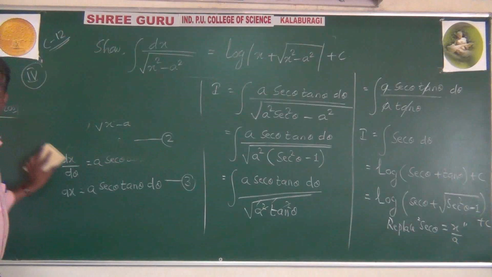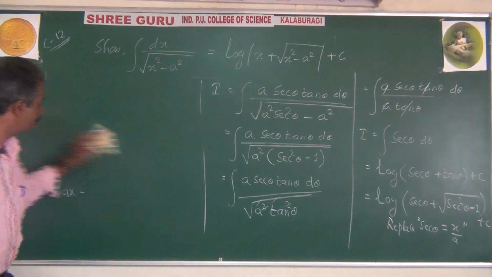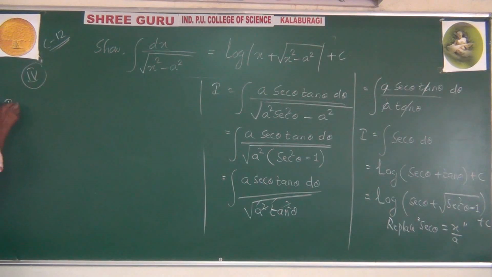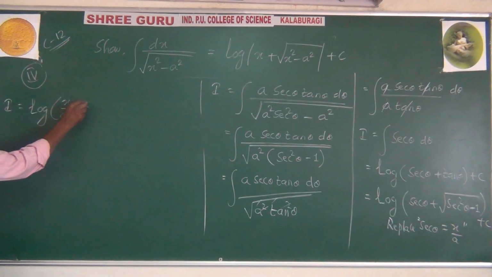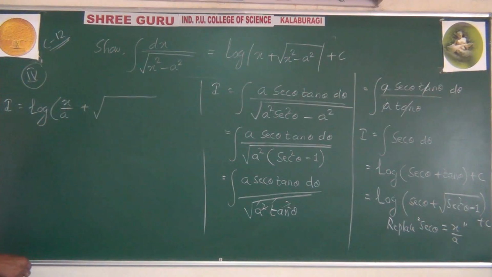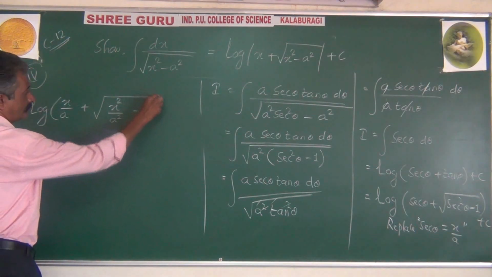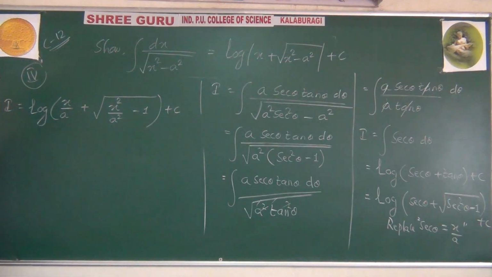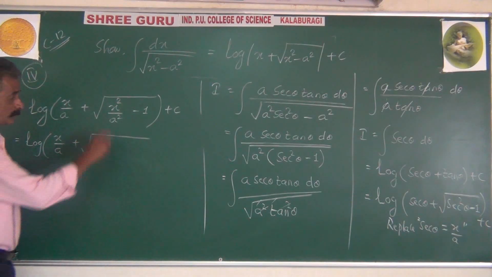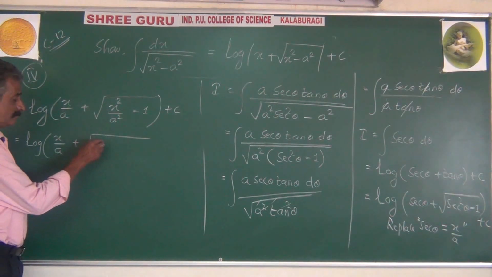So now I becomes as I equals to log bracket, how much x, how much sec theta, x by a, plus square root of sec square theta, which becomes x square by a square minus 1. That is equals to log x by a plus square root of, inside root LCM a square, what it becomes?